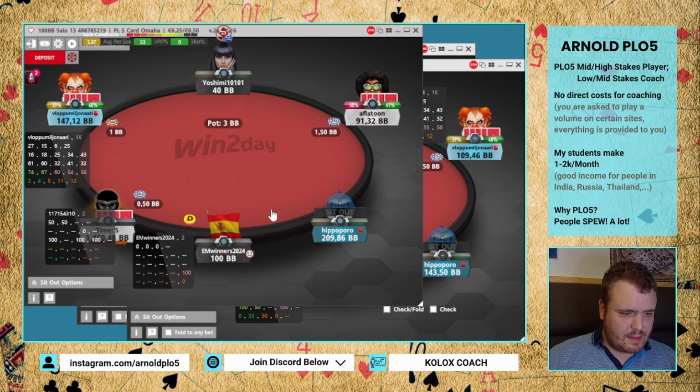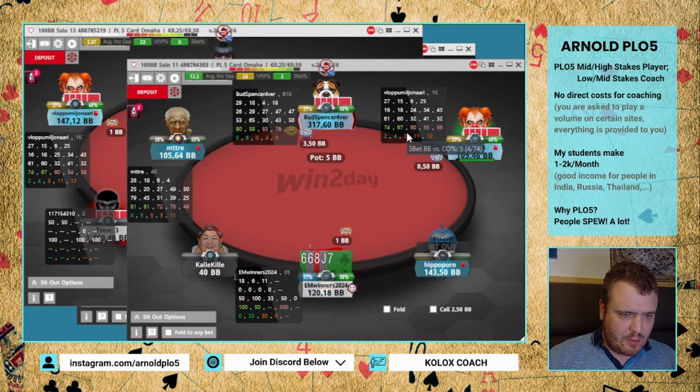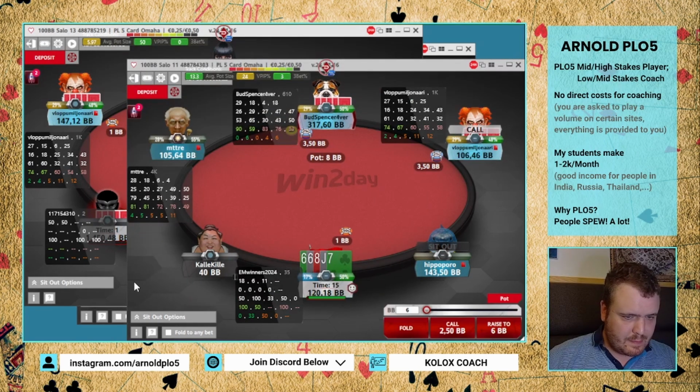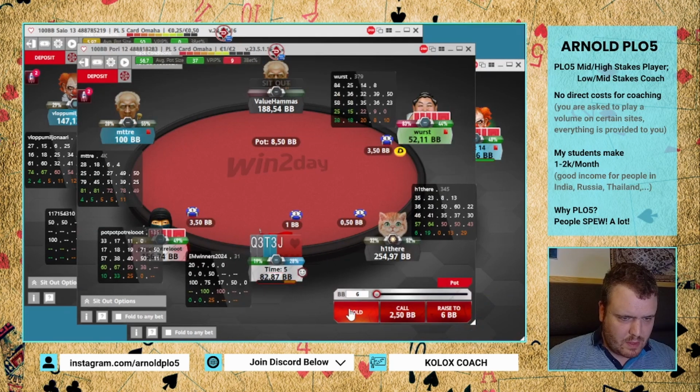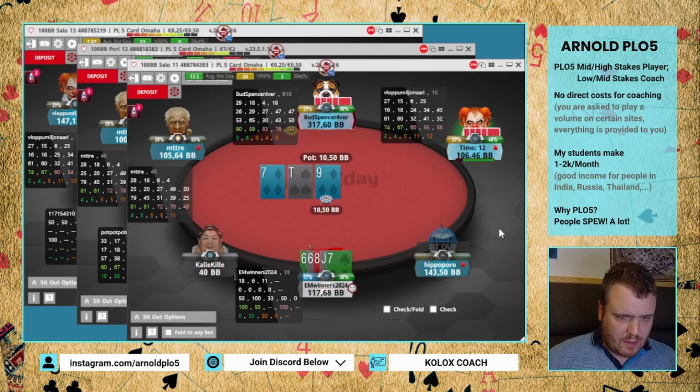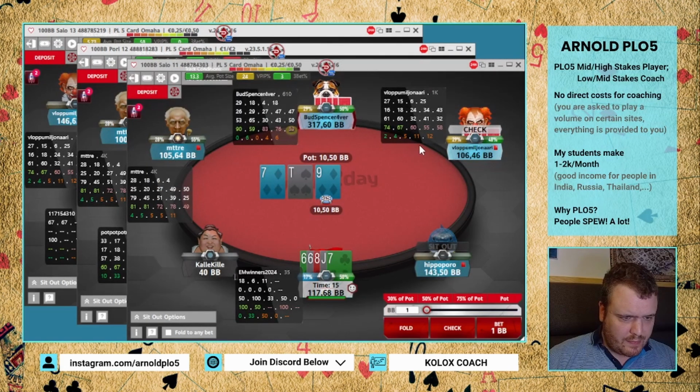Jack 8, 7, 6, 6. This is probably a hand I should not call. Yeah, that's from a small blind, so I can call it. And you can call more if the small blind is the one open raising.